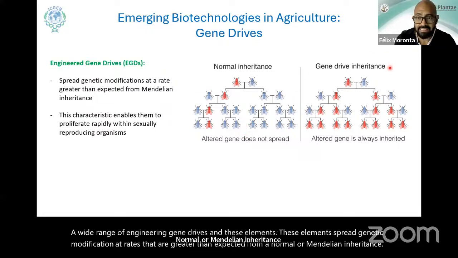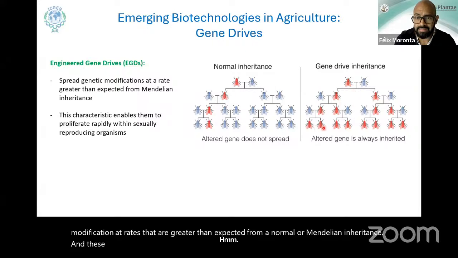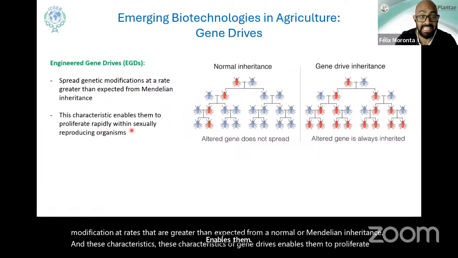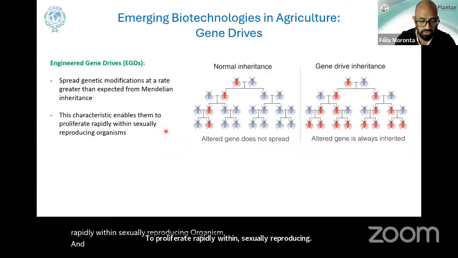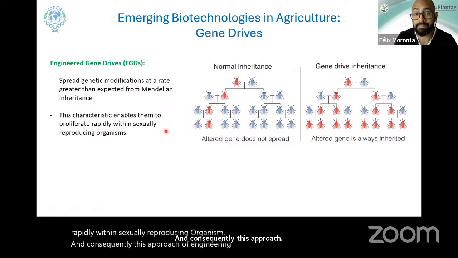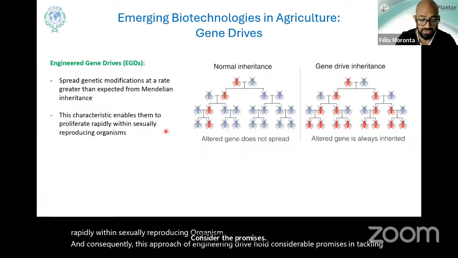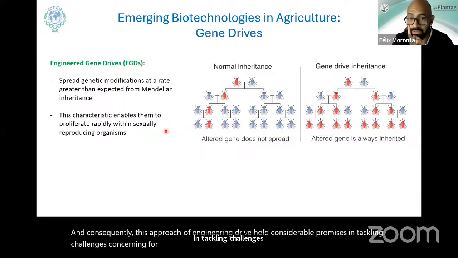These characteristics enable them to proliferate rapidly within sexually reproducing organisms. Consequently, engineered gene drives hold considerable promise in tackling challenges such as the management of harmful populations.